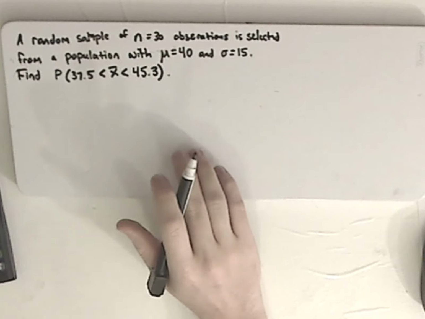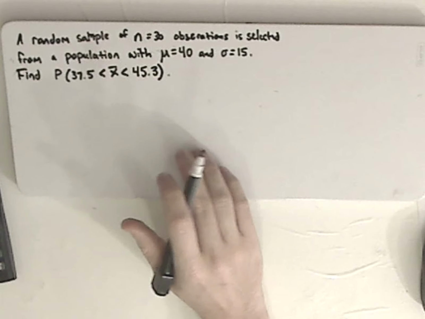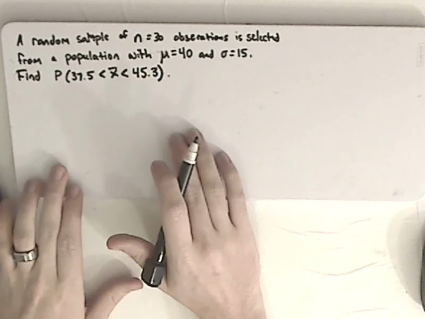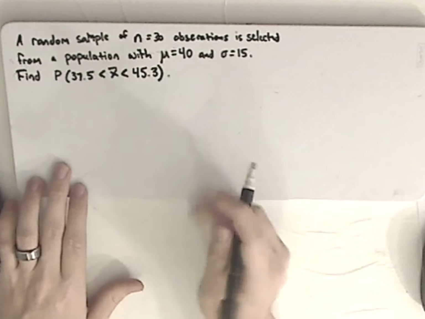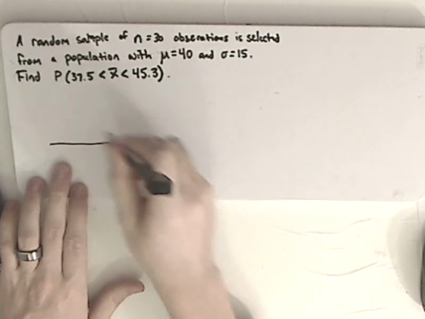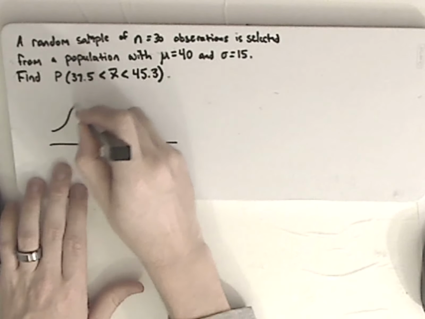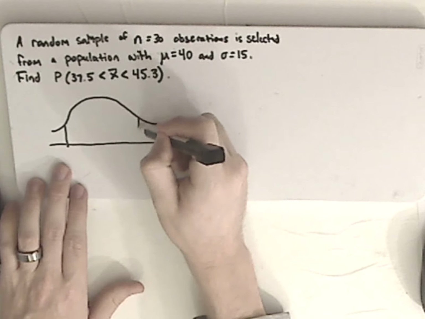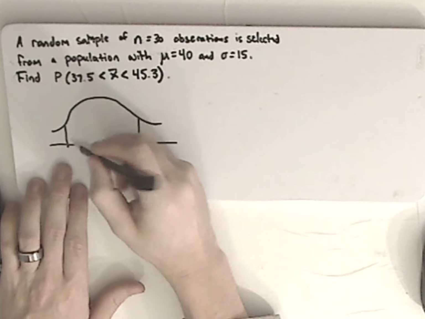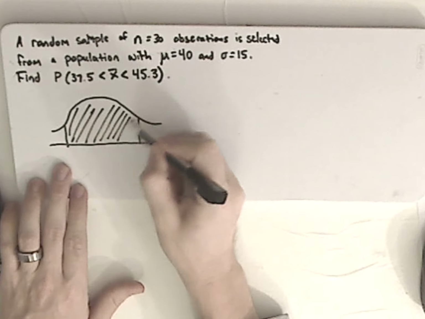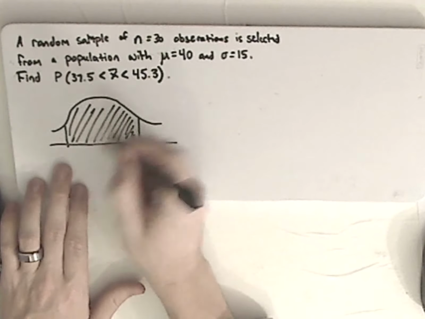Alright, so you're finding a probability of means. What you have to do first is convert it to z-scores. Let's draw a little picture of what we're trying to find. We're trying to find this area.